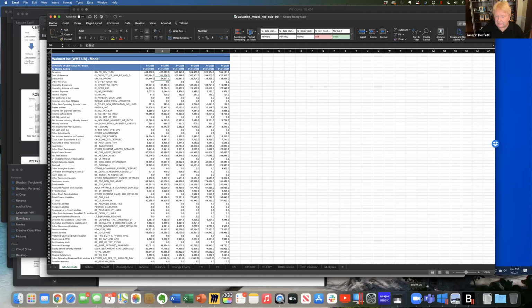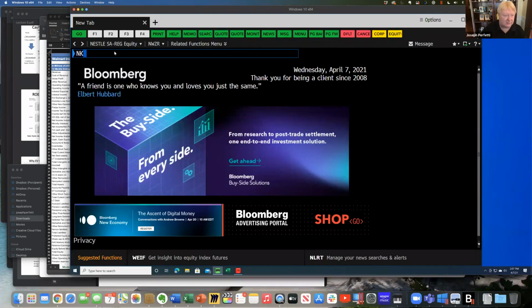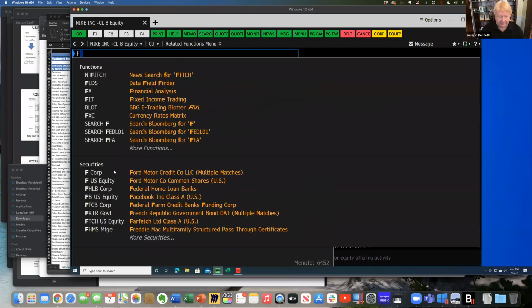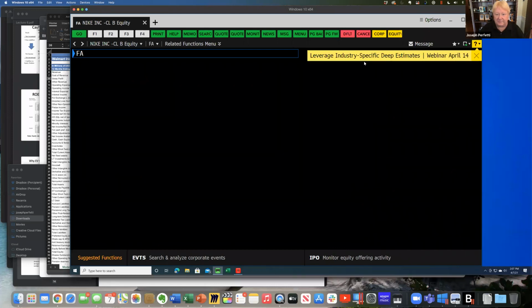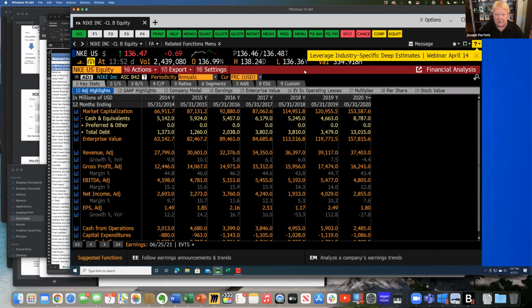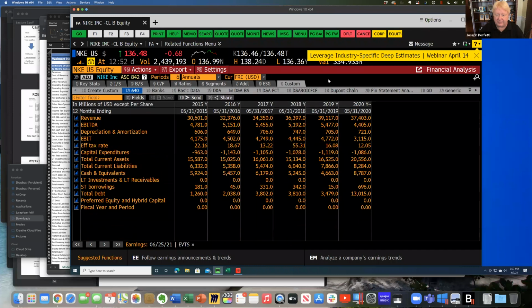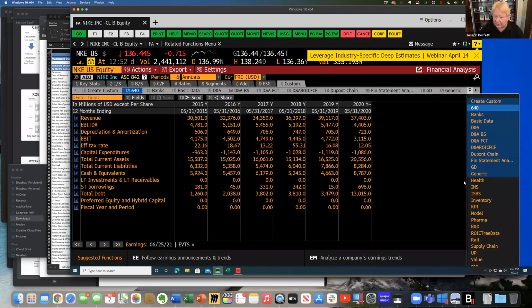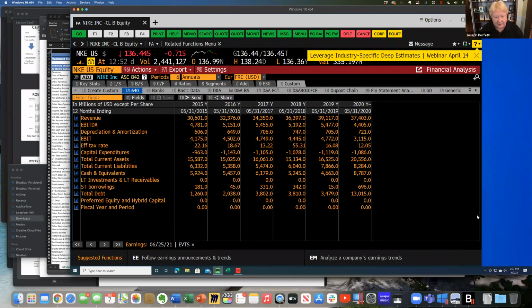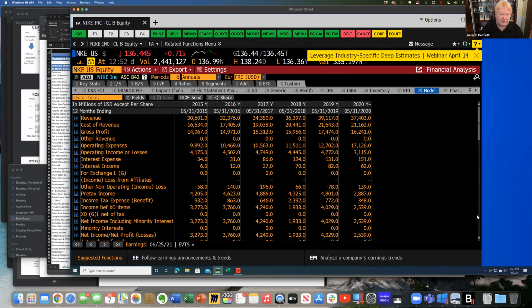Back to our Bloomberg account for Nike. Under FA, under custom, you should have recreated our model export template.